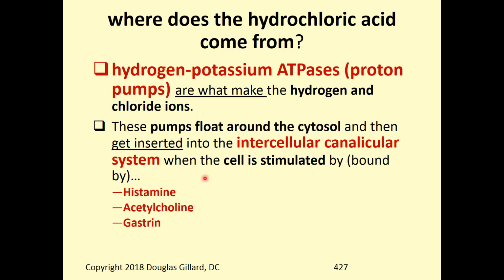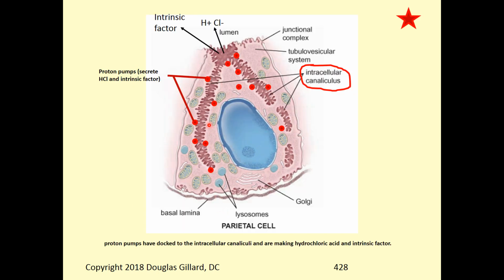We know already HAG: histamine, acetylcholine, gastrin. There's another cartoon of this. The little red things are the proton pumps, which release hydrochloric acid, HCl, and intrinsic factor. Here's a couple still floating around. This cell's been stimulated, because these are already implanted.